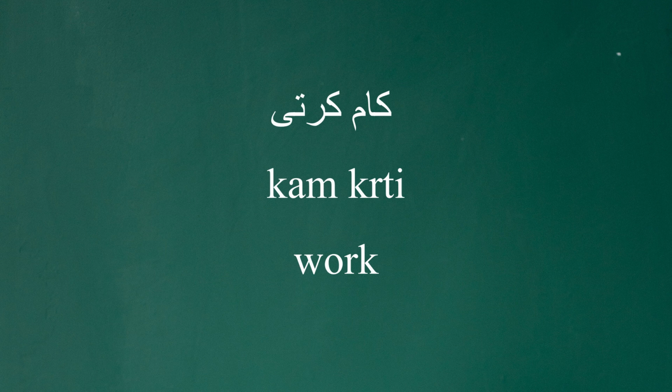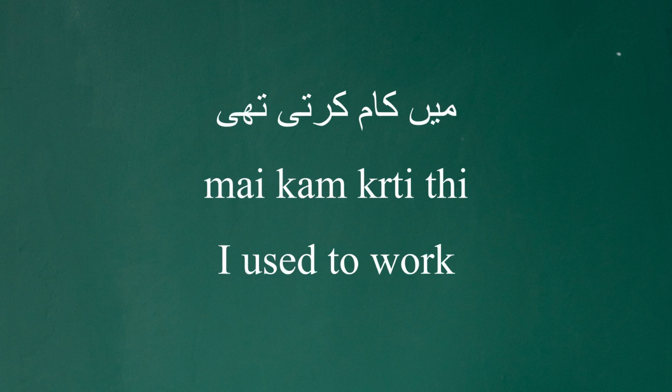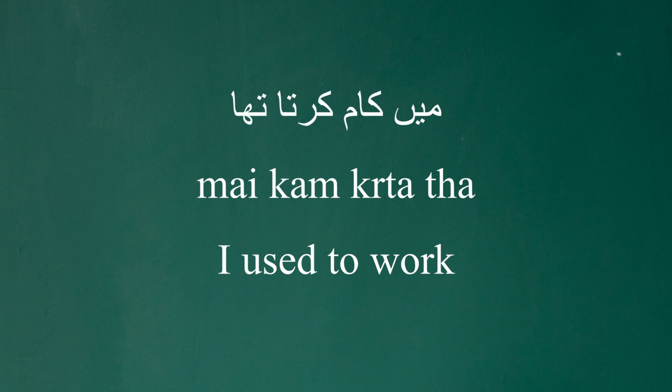Used to work. But instead of the present tense form of the auxiliary verb, we'll put the past tense form of the auxiliary verb, which is थी. मैं काम करती थी. I used to work. For a man, you'll say मैं काम करता था. I used to work.